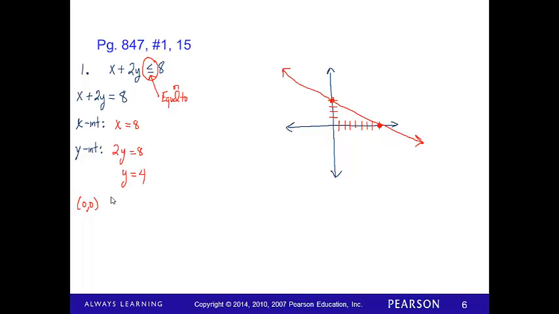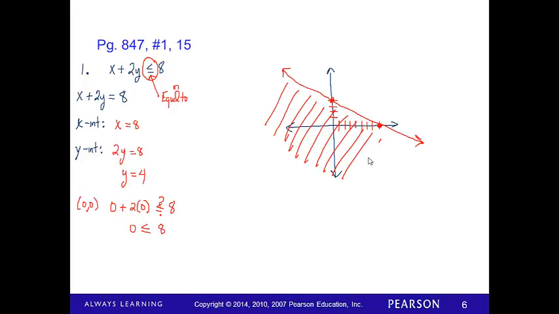Plug it into your inequality, and let's see if you get a true statement or a false statement. On the left side we get 0, the right side is 8. 0 is less than or equal to 8, so you will shade this half of the plane. And that's the graph to this inequality.